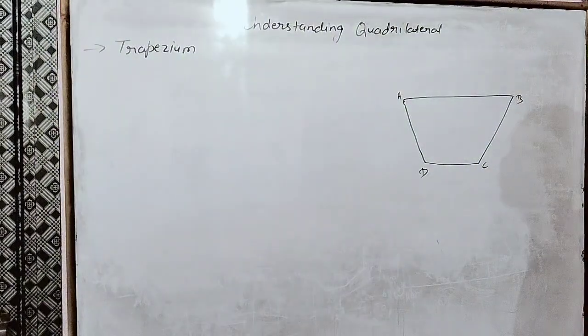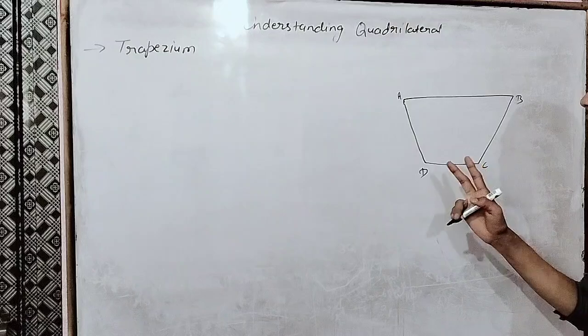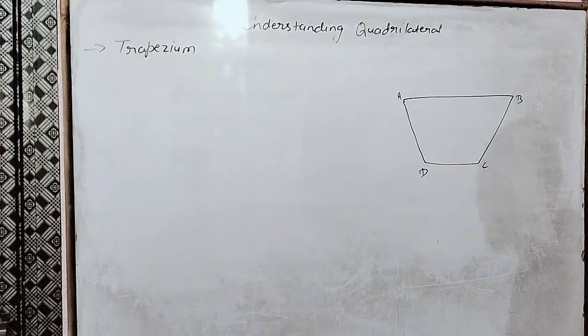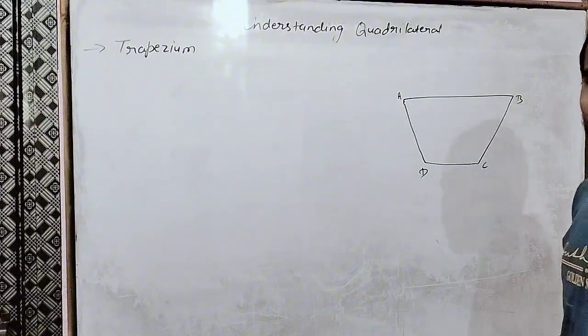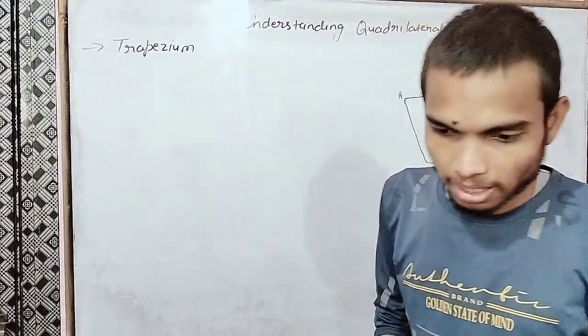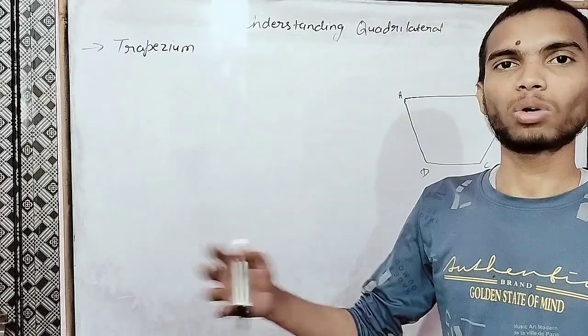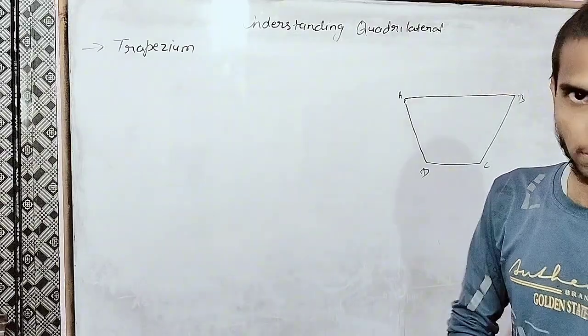We know that there is one pair of parallel lines. So what is the definition of parallel lines? Parallel lines don't intersect each other.